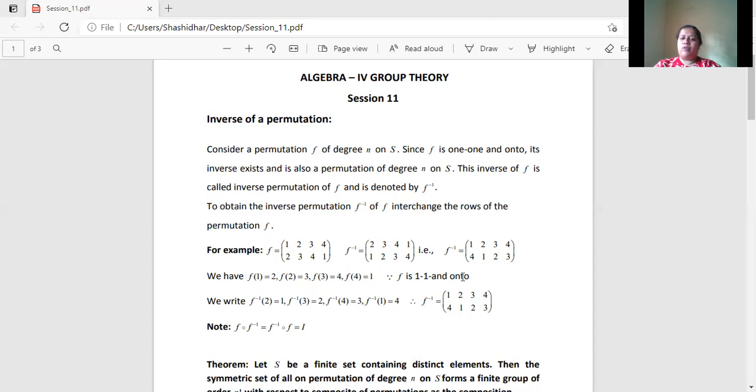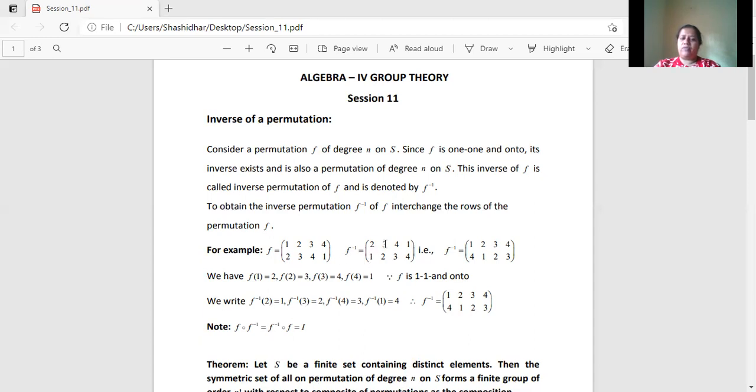Since f is 1, 1 and onto, therefore the inverse of this permutation exists. Hence, the images of elements in f inverse will be: f inverse of 2 is 1. That we have written here.